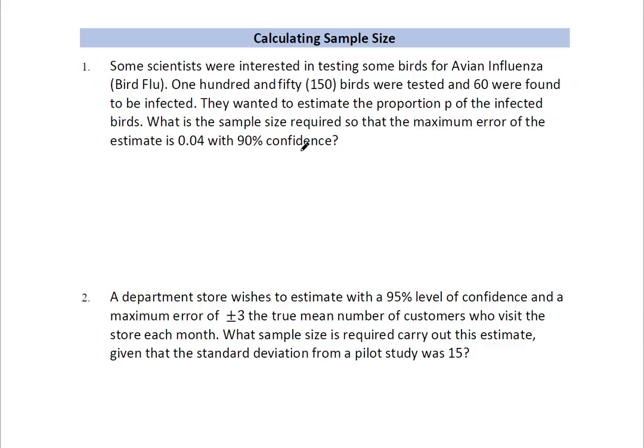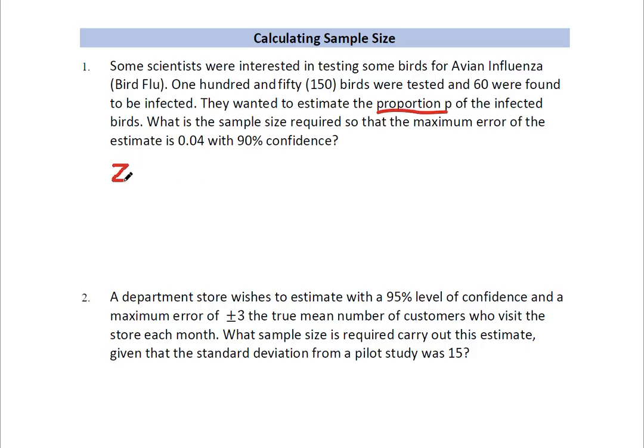This particular question is concerned with estimating the sample size, or number of participants, in the study that will guarantee a maximum margin of error of 4% and a confidence level of 90%. And we are interested in estimating the proportion P of infected birds. So this is clearly a confidence interval for proportions or percentages.